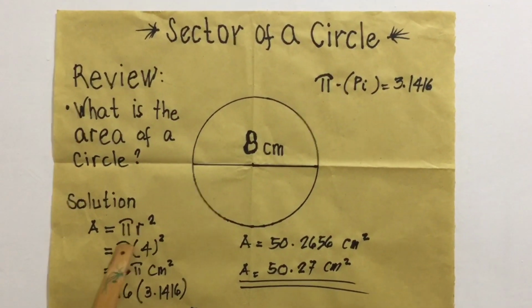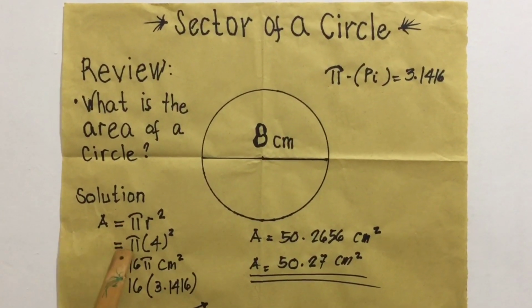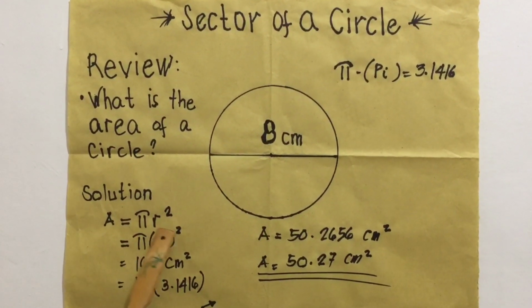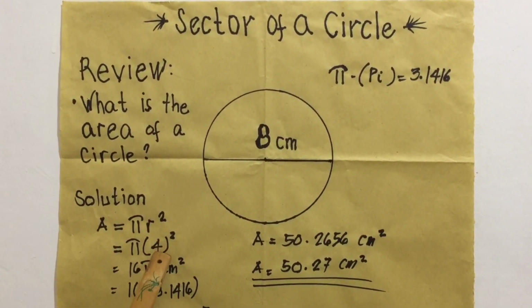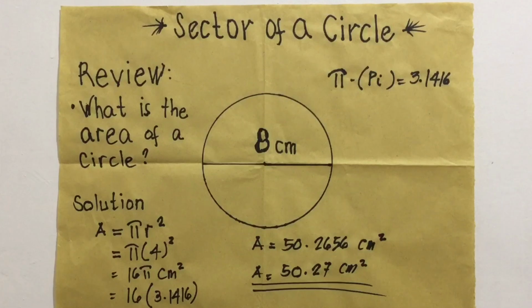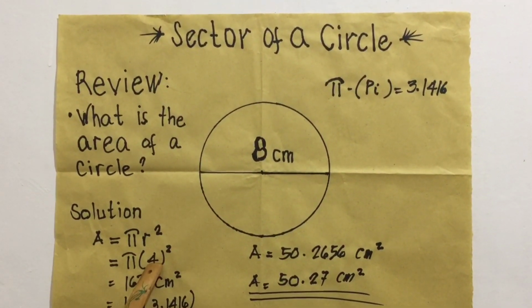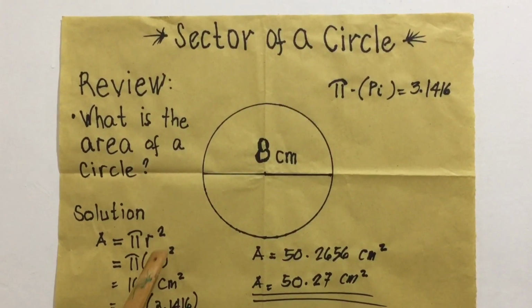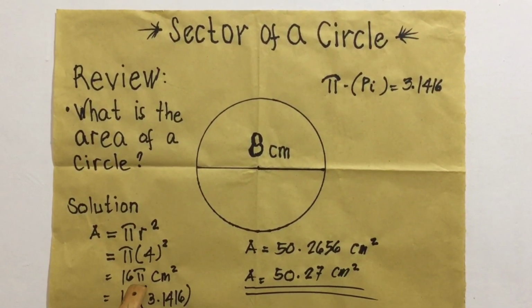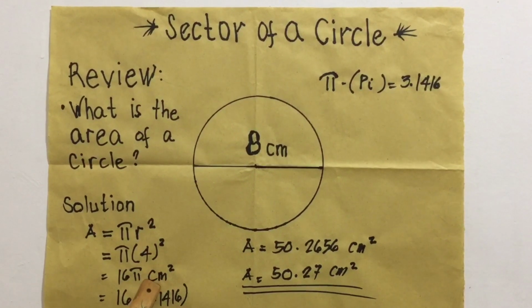That's why our computation here equals pi, then the radius becomes 4, then squared. The meaning of squared, we're going to multiply the 4 twice. That's why 4 times 4 equals 16 pi squared centimeter.